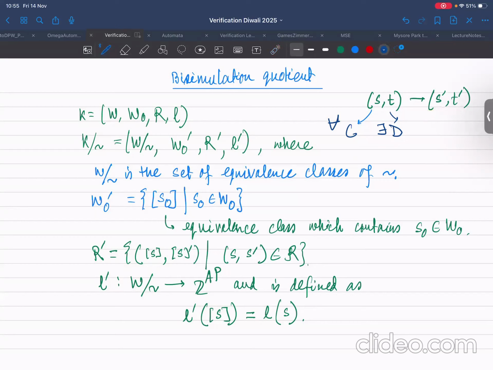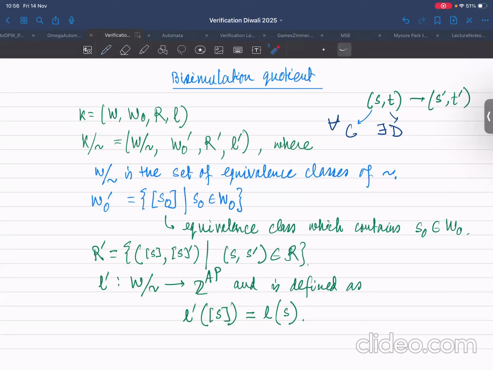Now, how should the play evolve from here? What should be the next thing in the game? Can somebody say?